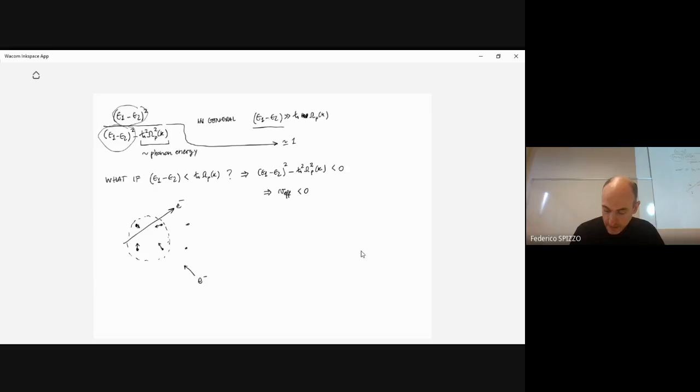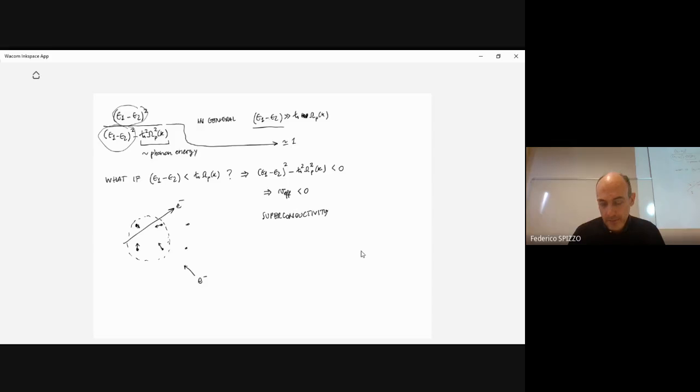And this result is at the basis of superconductivity. So in superconductivity, this coupling between the electrons induces in the system a phase transition, and after this phase transition, a large number of electrons are interacting with each other thanks to this attractive interaction, and they give rise to a superconductor.